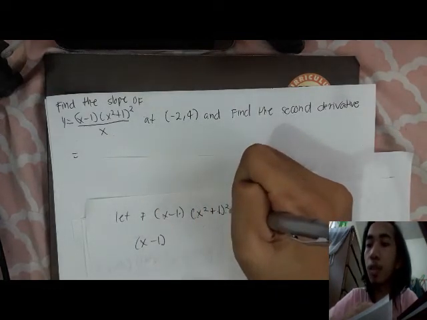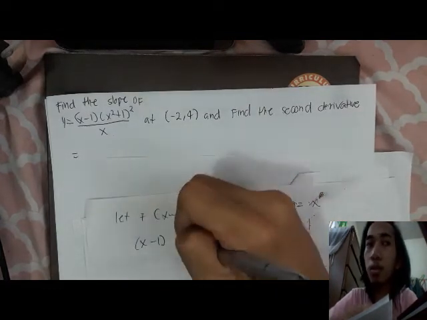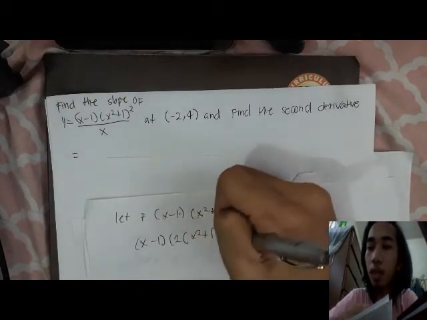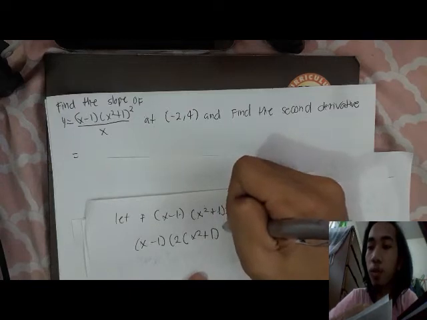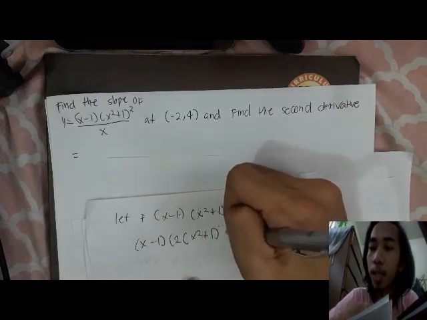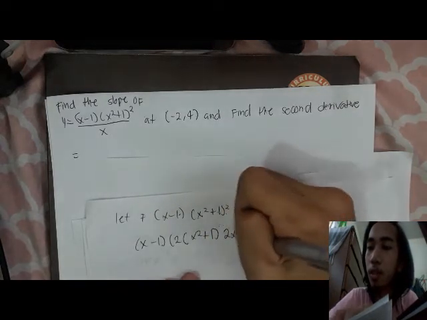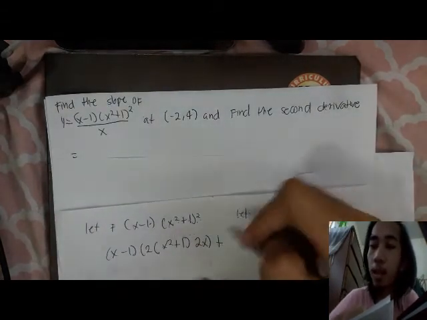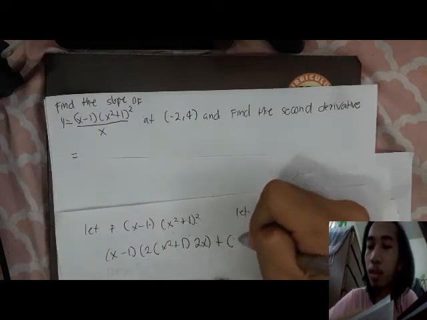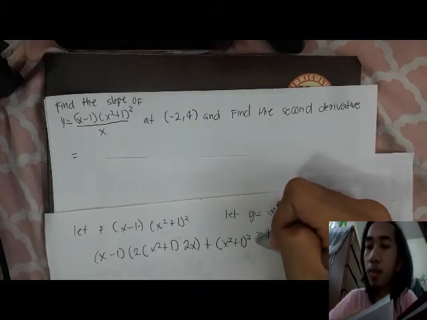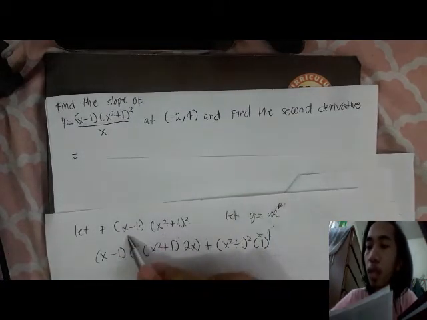So f times the derivative of g, which is ma-apply ang chain rule sa g, which is bababa ang 2 times x squared plus 1, tapos 2 minus 1, magiging 1 na lang ang exponent sa taas, tapos derivative ng u, which is 2x, plus g, (x squared plus 1) squared times the derivative of f. So 1 lang ang derivative sa f.